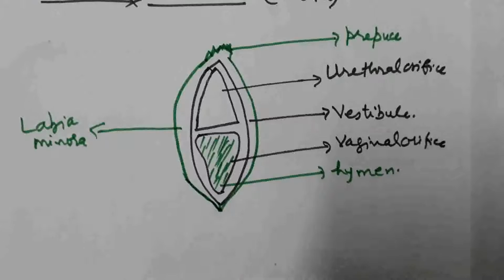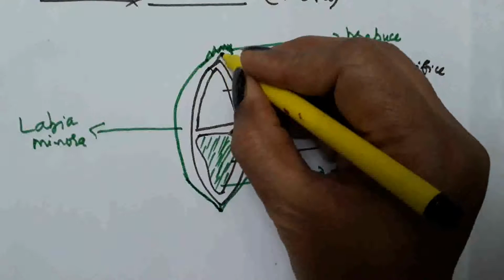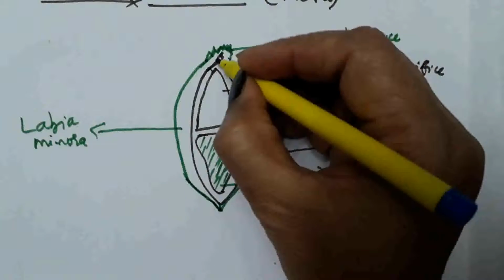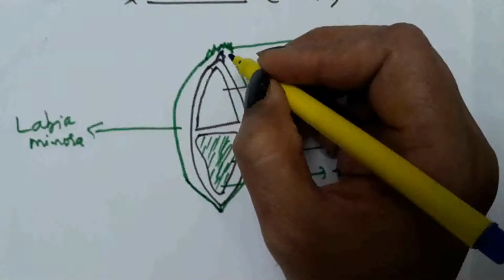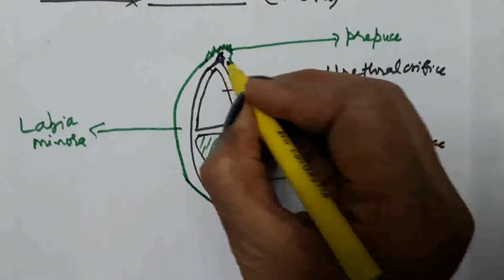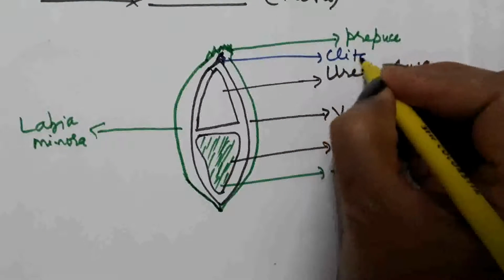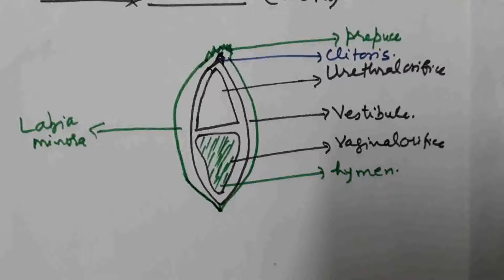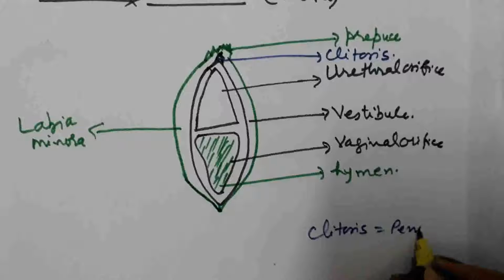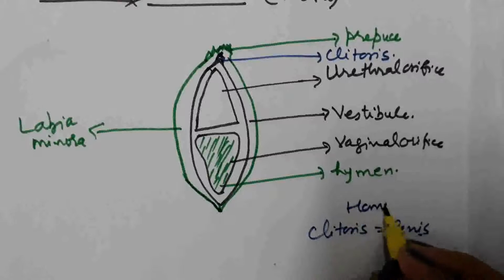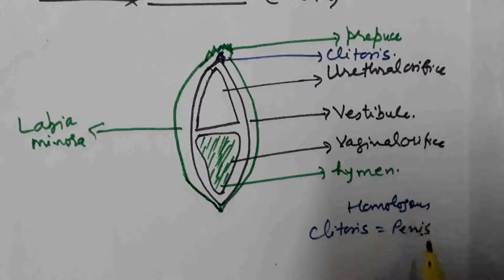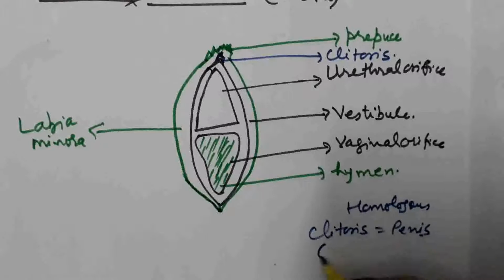This prepuce covers a very small erectile tissue, known as the clitoris. This clitoris is homologous to the penis. Why are they homologous? Because they consist of the same tissue, that is corpora cavernosa.